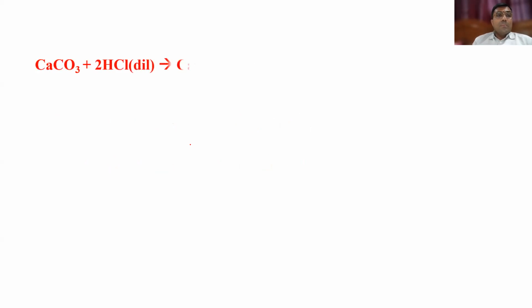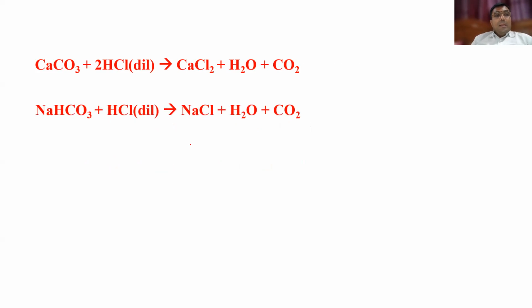This is a very notable point. Here a metal carbonate, calcium carbonate, is taken. Calcium carbonate is called limestone. When you add HCl, naturally CO2 gas is evolved. Similarly, with a bicarbonate, you get metal chloride plus CO2 plus H2O. So always metal chloride plus CO2 will be evolved.